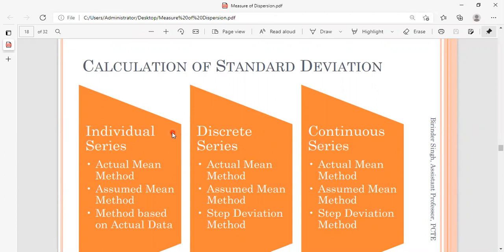I kept talking about these three types of frequency distributions and the associated formulas to compute measures of central tendency and measures of dispersion in three different styles of frequency distributions. So let us see how to compute standard deviation in case of individual series, discrete series, and continuous series.